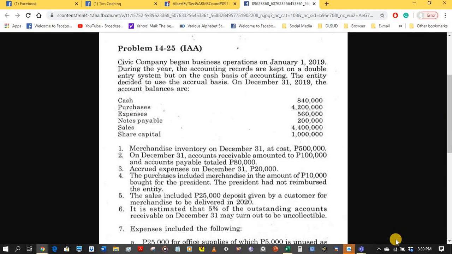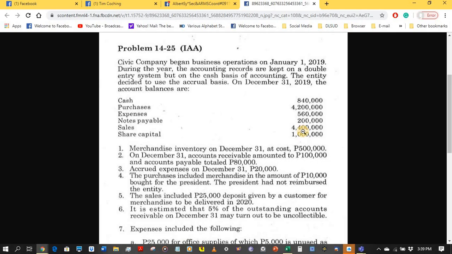So next, number 5. The sales included 25,000 deposit given by a customer for merchandise to be delivered in 2020. So dito daw sa sales na to, meron diyang 25,000 deposit. Ibig sabihin, collection yun, kaya ni-record niya.